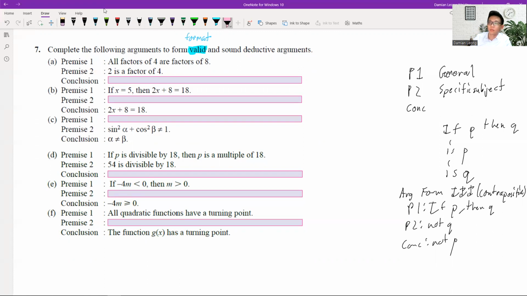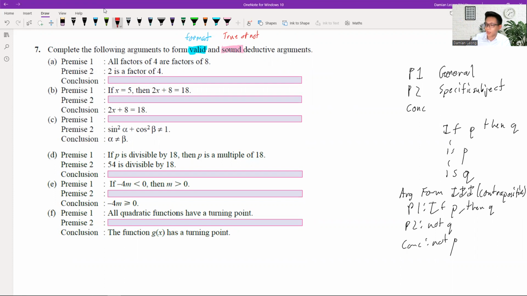Sound is whether everything is true or not. All the parts have to be true for the argument to be sound. If any of it is false, it's not a sound argument.